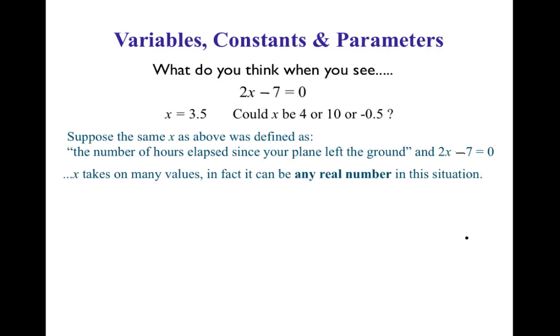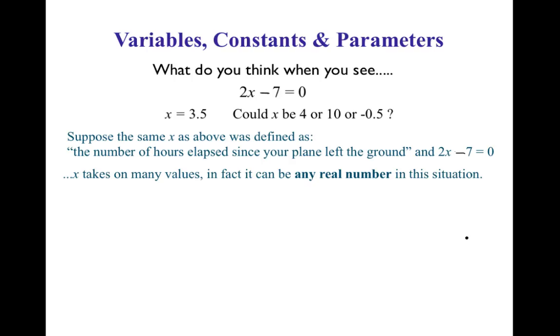No. It can't be 4 hours since your plane left the ground? Yeah. Oh, in that context. Can it be 10 hours since your plane left the ground? Can it be negative half hour since your plane left the ground? What would that mean? That'd just be 30 minutes before your plane took off, right? 30 minutes before. So all these values for x are valid. 4, 10, negative a half.